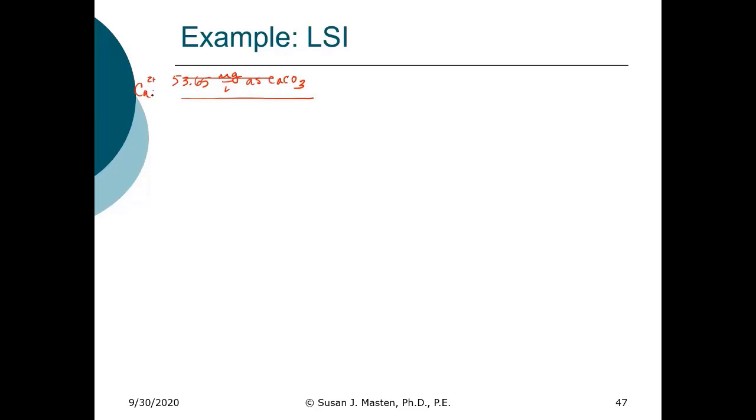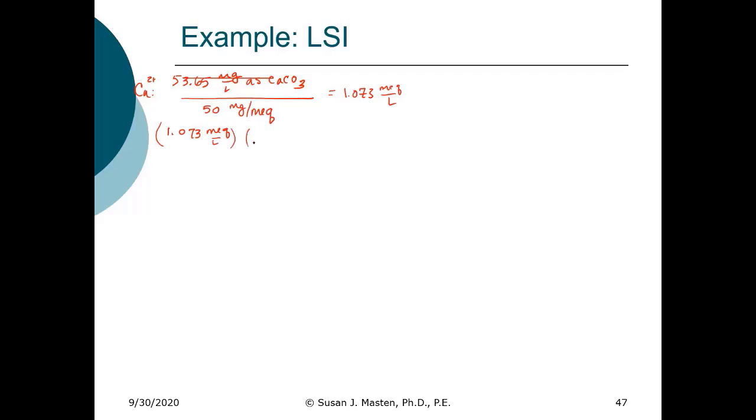Essentially, we're working backwards now. So the equivalent weight of calcium carbonate is 50 milligrams per milliequivalent. So we have 1.073 milliequivalents per liter.